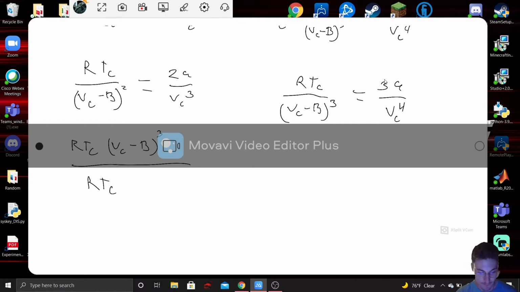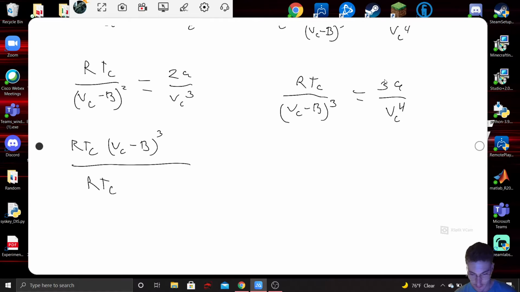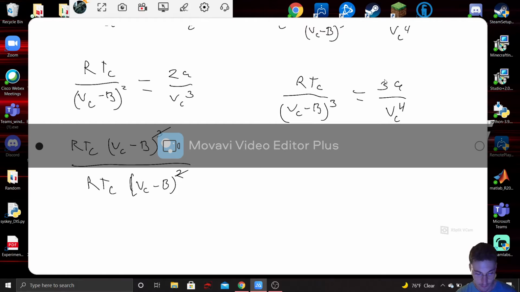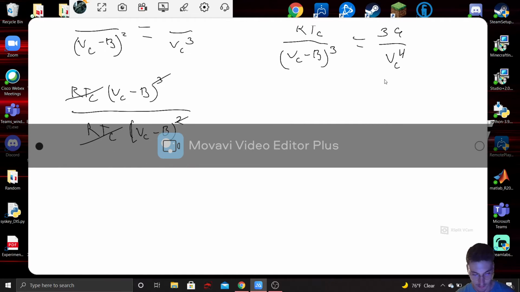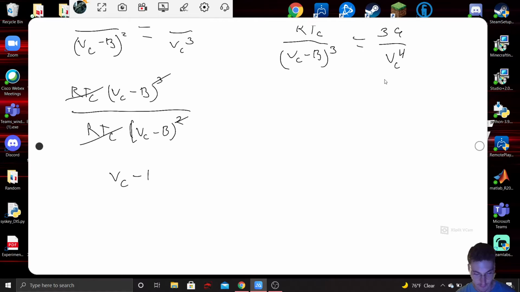So then it just becomes RTC times VC minus B squared. So then the RTCs will cancel out, and with this side, we are just left with the VC minus B on top.